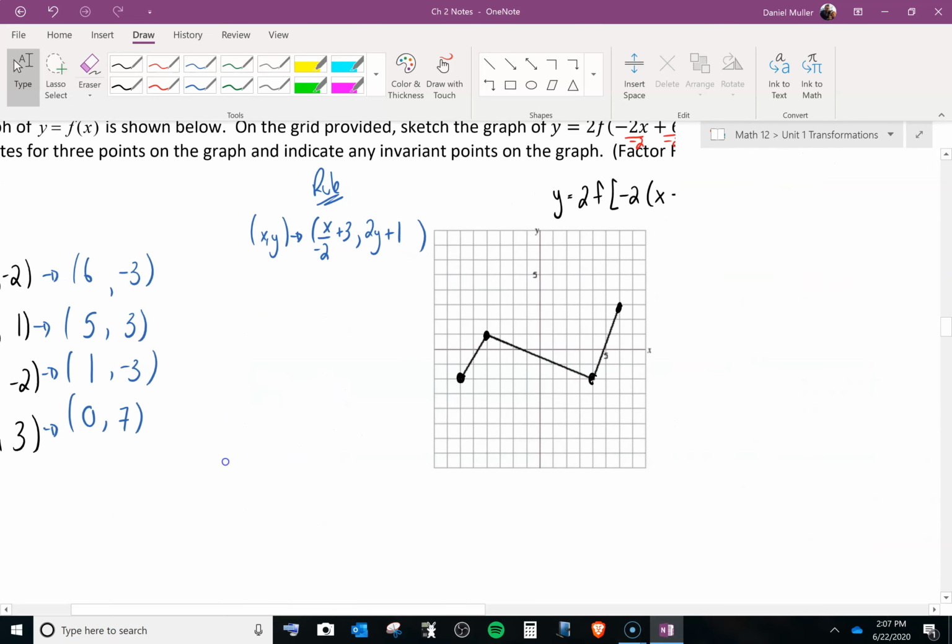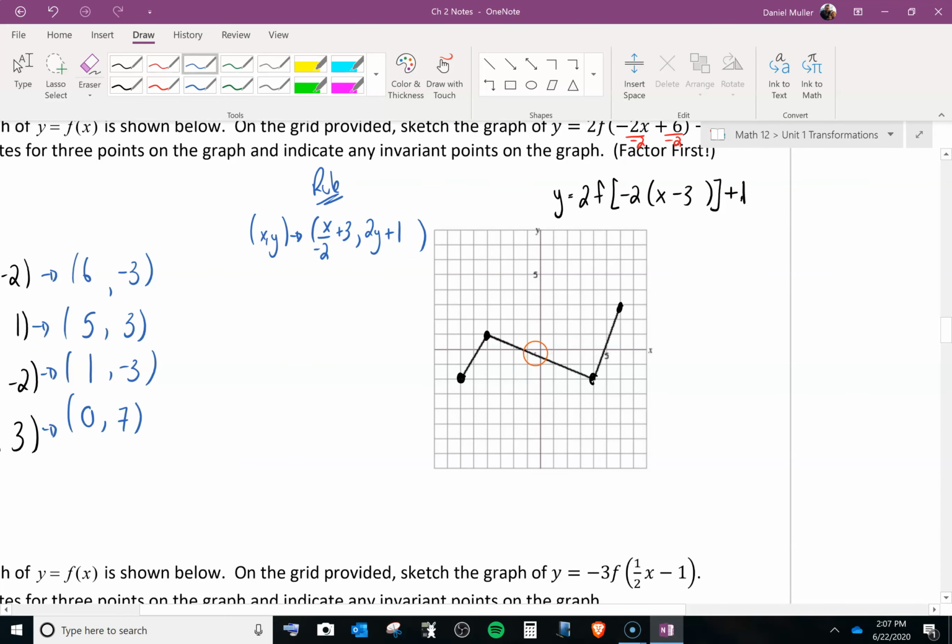So those are my new points, and I can graph this thing, and we could list down all the different things that are happening to that, and maybe I will, but I'll just do that after. So 6 comma -3, 5 comma 3, 1 comma -3, and 0 comma 7.